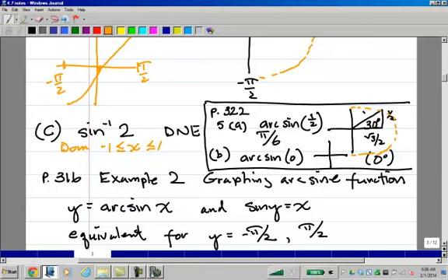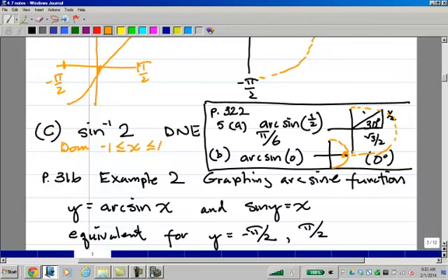The arc sine of 0. Well, where does the sine equal 0? Well, where does y equal 0? Right in the unit circle, right here at 0 degrees. Okay, now it also equals 0 at 2 pi, and it equals 0 at pi.